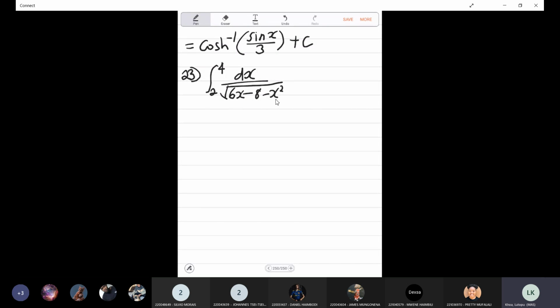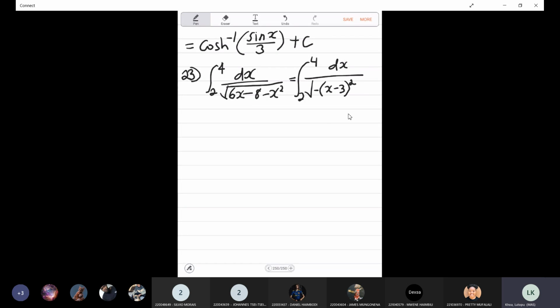Okay, so first step is to complete the square over here. This is the integral from 2 to 4. We have dx in the numerator, and then in the denominator, when we complete the square, we look at these two numbers: you have minus outside, then x, then minus 6 divided by 2 will give me minus 3.